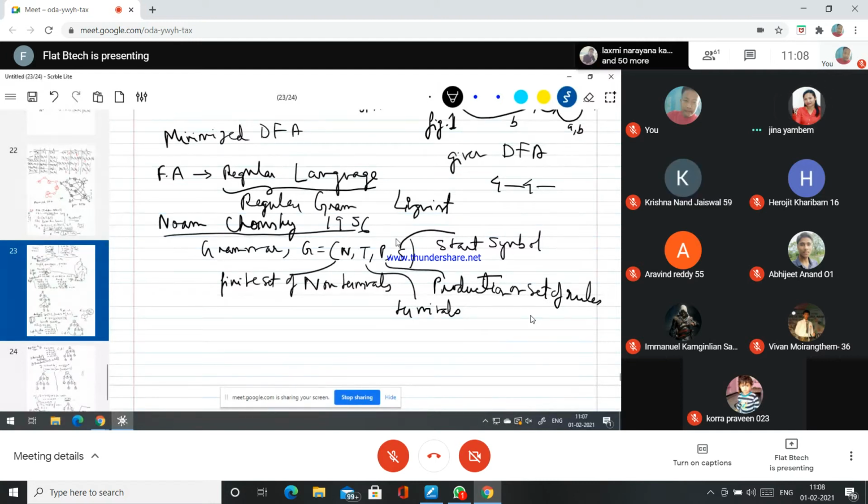I'll be defining this specifically with respect to regular grammar. For all four languages, we are going to watch out for four different types of grammars. These grammars are classified mainly based on the production or set of rules.